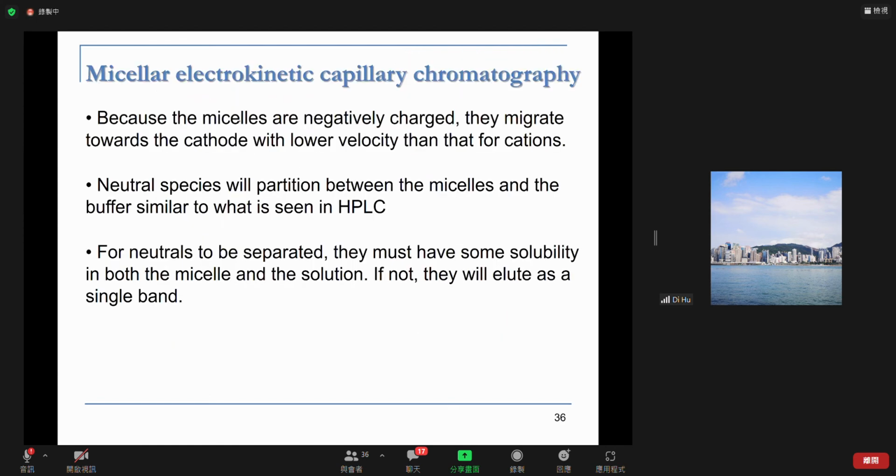Because the micelles are negatively charged, they migrate towards the cathode with lower velocity than the cations. Neutral species will partition between the micelle and the buffer, similar to what we see in HPLC. For neutral compounds to be separated, they must have some solubility in both micelle and solute. If not, they elute as a single band.